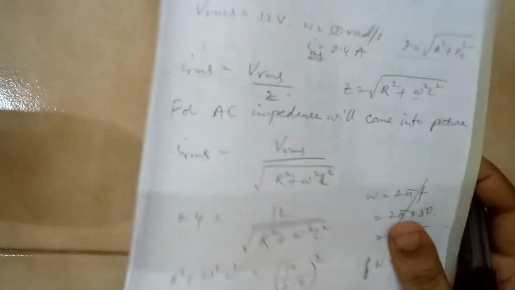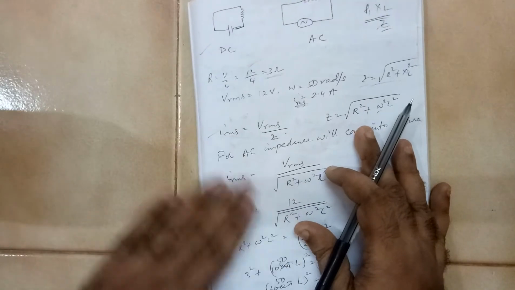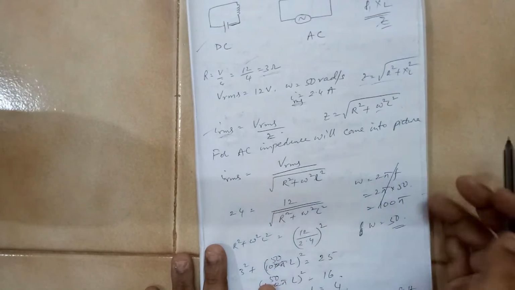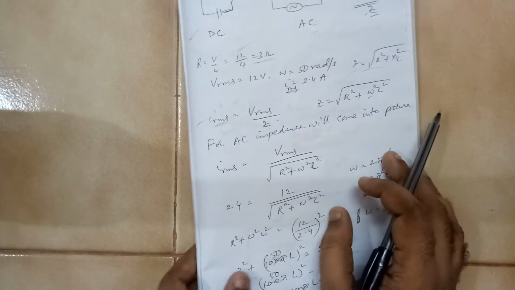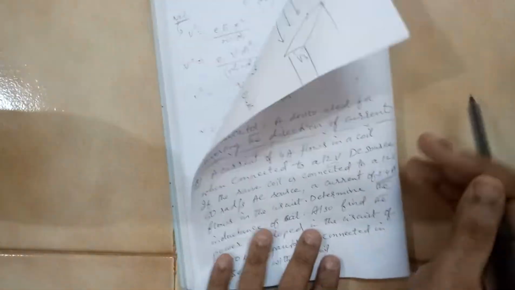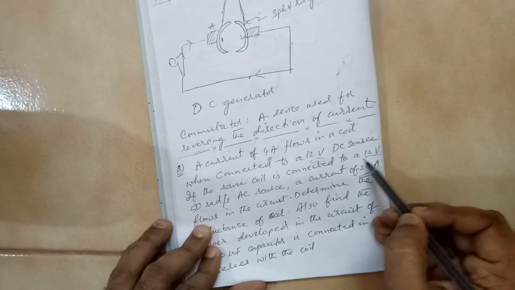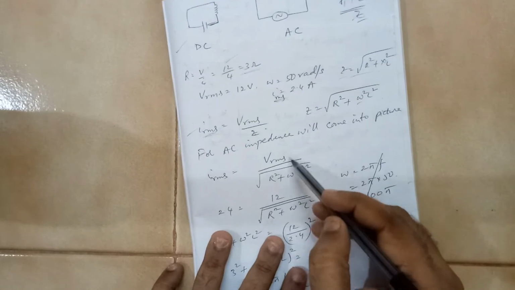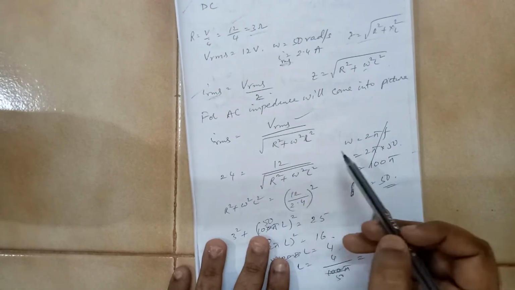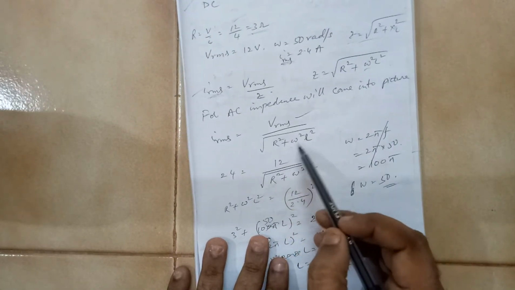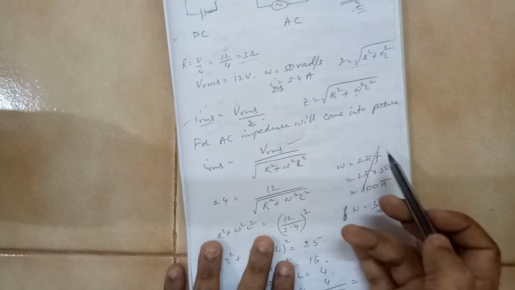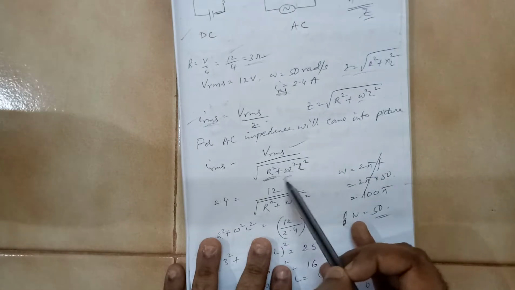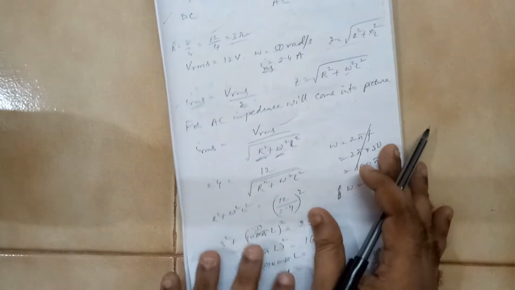VRMS, it has been told in the question that you have connected to a 12 volt AC source, so the VRMS value is provided as 12, divided by root over R square plus omega square L square. What are the values you know here? You know the value of R, which you have determined now. Omega is provided and you need to find the value of L.